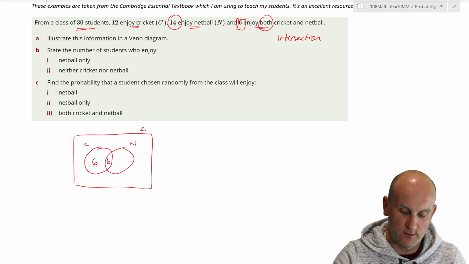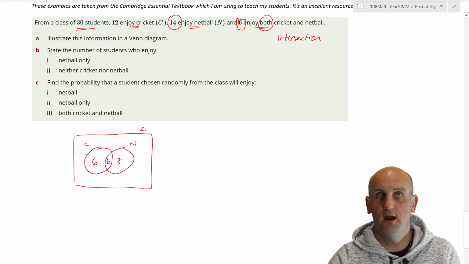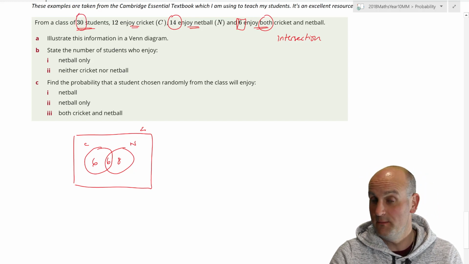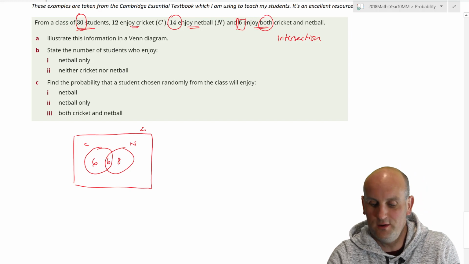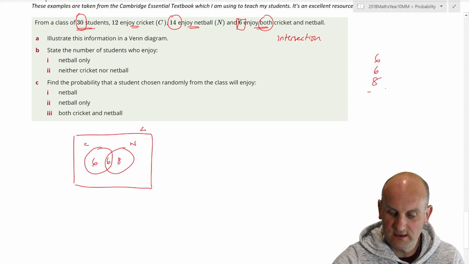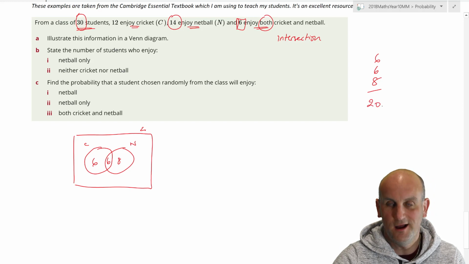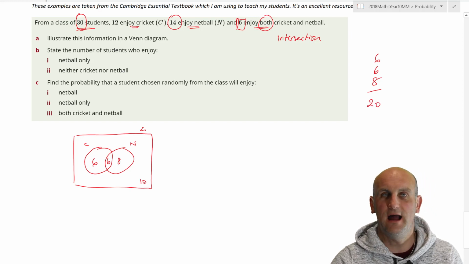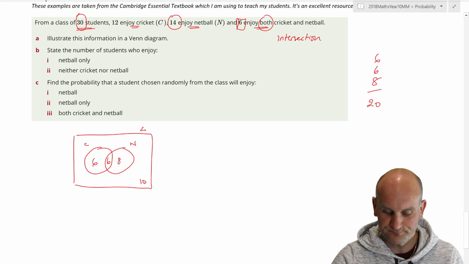So 14 take away 6 gives me 8. And you might argue, well, that's the end. No, it isn't, because we now have to check that we've included all of my students. There might be students who don't play cricket or netball. So let's look at this. 6 plus 6 plus 8 gives me 20. Okie dokie. Well, there is obviously now 10 students that are outside of playing cricket and netball.